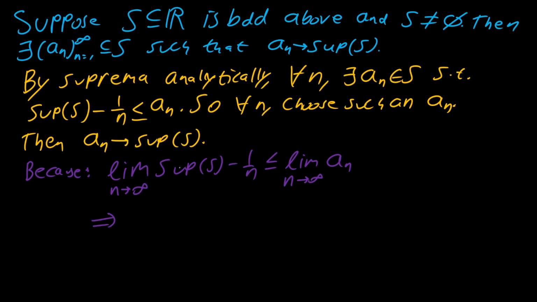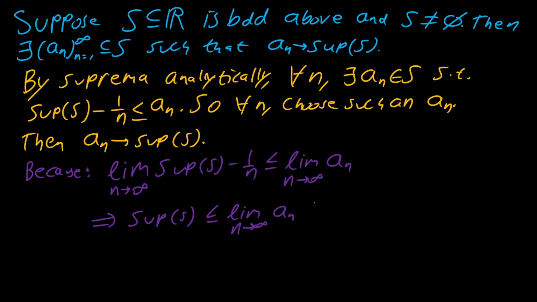Limit laws: this is a constant sequence that converges, and this converges to 0. So that means sup S is less than or equal to the limit as n goes to infinity of a_n.